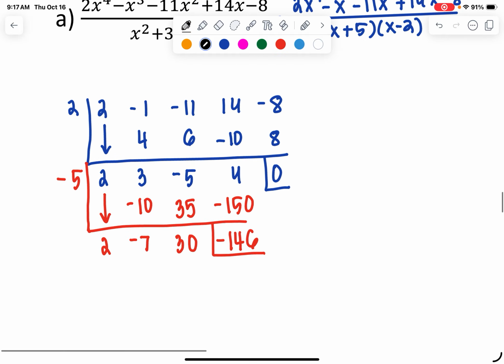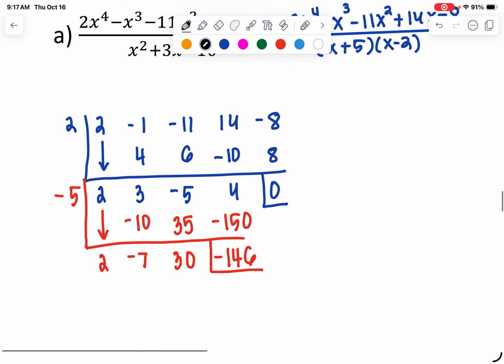Now as a reminder, we divided a fourth power by a second power, so our answer should be x squared. But another way of looking at it is we divide by a linear binomial here. This was our x cubed, x squared, and so on. Then we divided by a linear binomial again, so this is our x squared, x, constant, remainder.